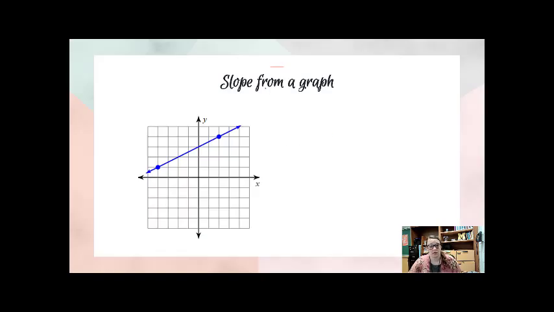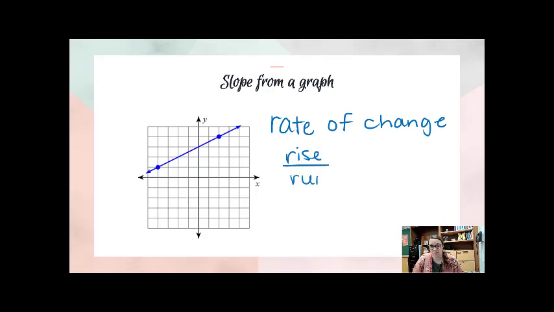Slope is usually talked about as the rate of change, is how you'll see it in textbooks, as well as how you're used to seeing it, rise over run. Most common way we think of it is rise over run. So rise is up, down, and run is left, right. And if you think of it with this picture, you can go in your brain from rise over run to thinking about it as a vertical over a horizontal.